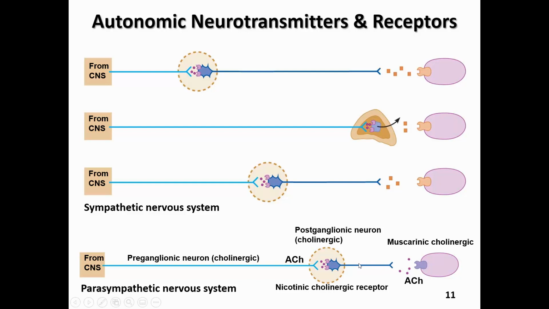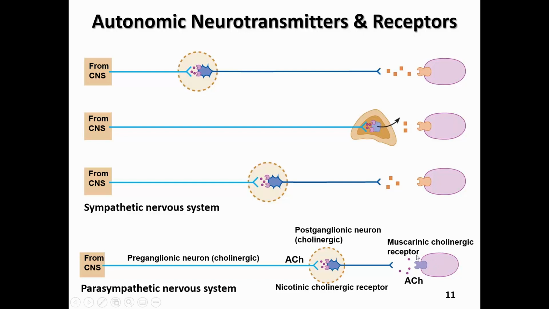Because it is a cholinergic neuron, it will use acetylcholine as its neurotransmitter, and the type of receptor on the effector cell for the parasympathetic branch is described as a muscarinic cholinergic receptor.